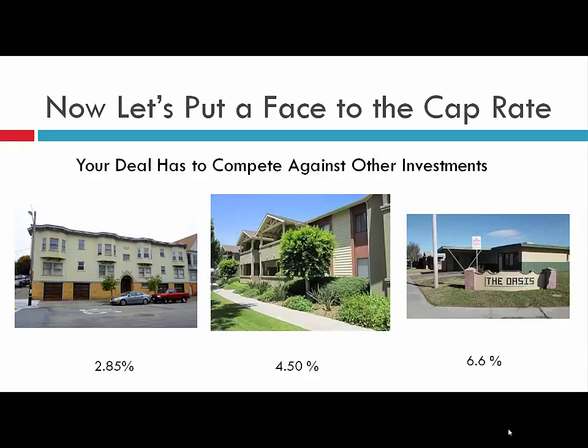That property on the left is an 8-unit property in San Francisco, one of the hottest real estate markets in the country. And the cap rate on that property is 2.85%. Believe it or not, it doesn't look that way right now, but that's a Class A property in a Class A area.